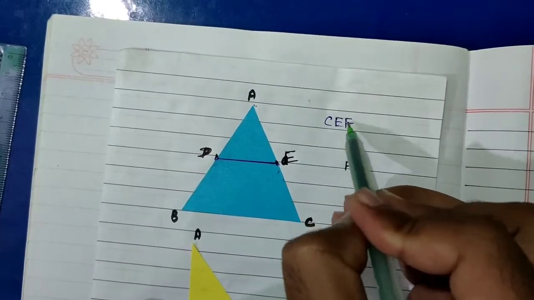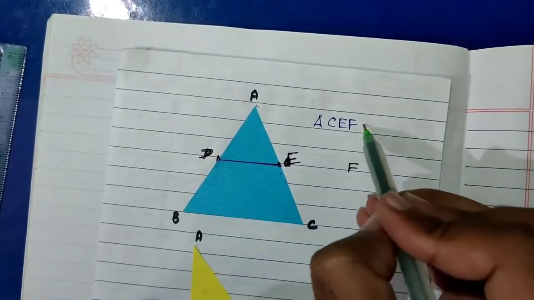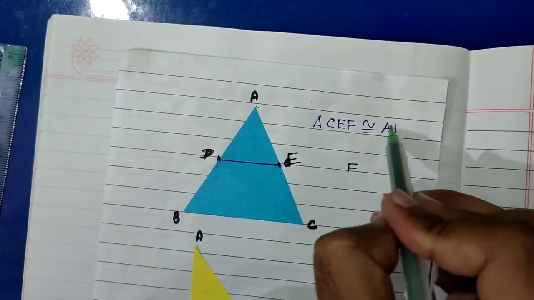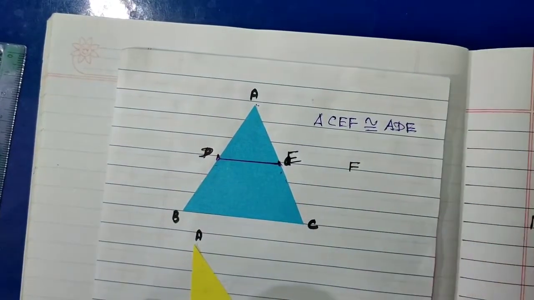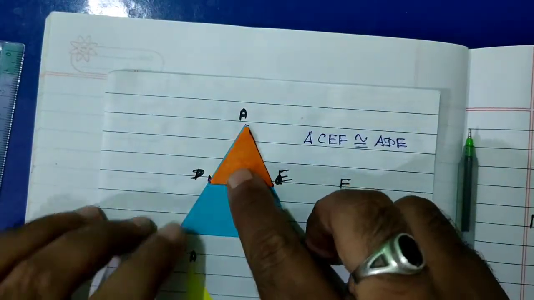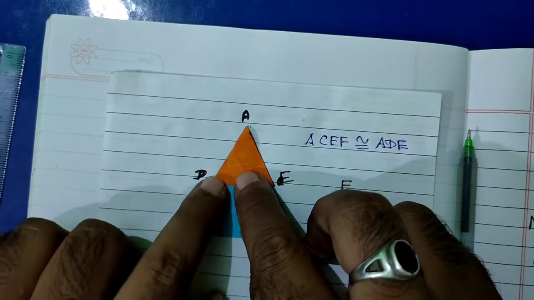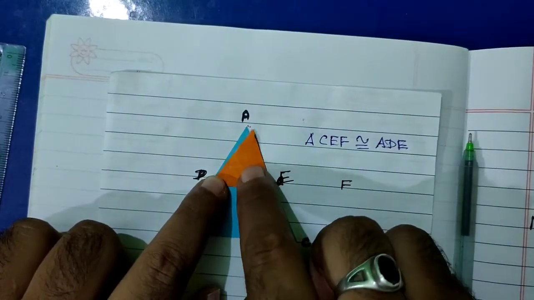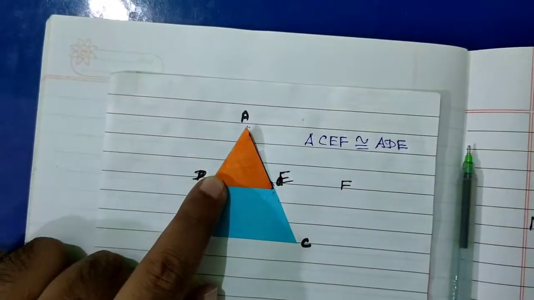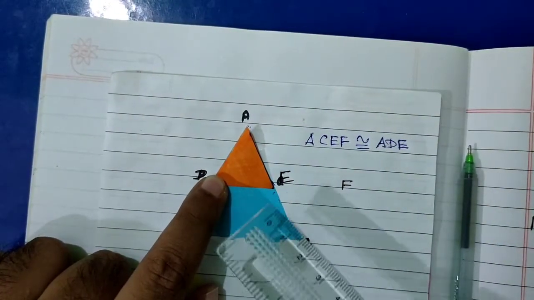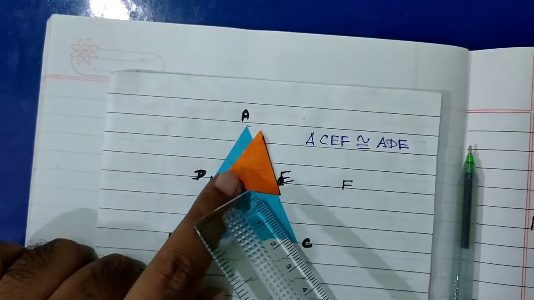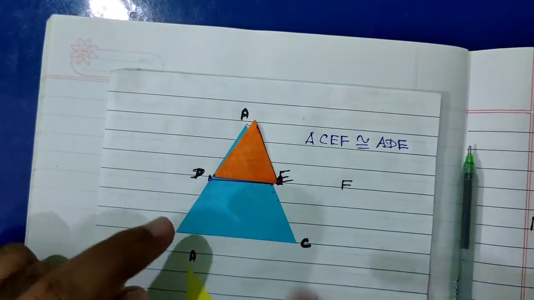CEF triangle you have to make, which should be congruent to ADE. So how can you do this? Just take a piece of paper and according to these sides you can make a triangle like I have done it here. You can see these two triangle ADE and this orange triangle is CEF.